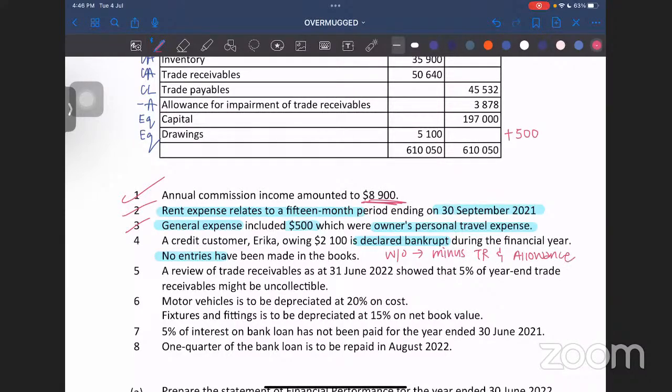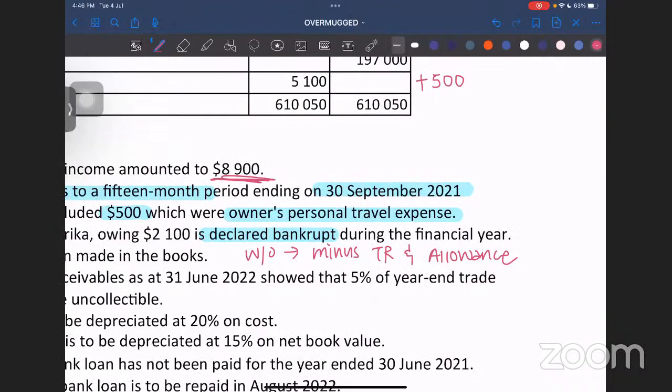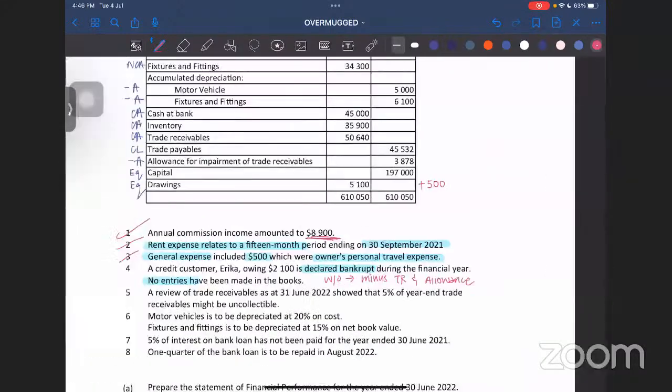You always minus TR, minus allowance. Why? Because this person is not paying you. You want to remove this person from your books. I want to delete already. Both are minus, not plus. Not paying me, I delete you. So minus, that's the logic.